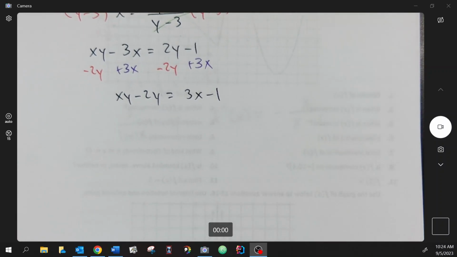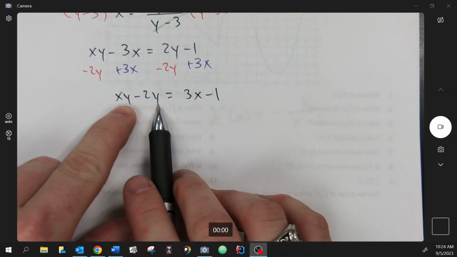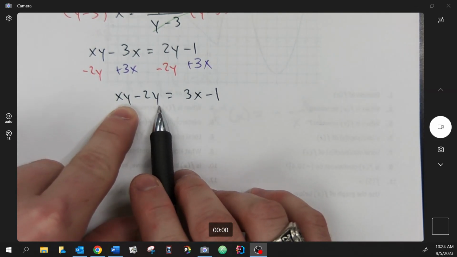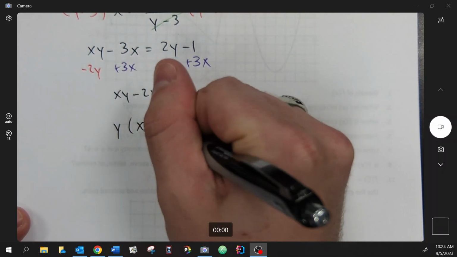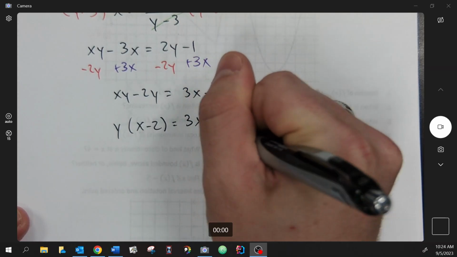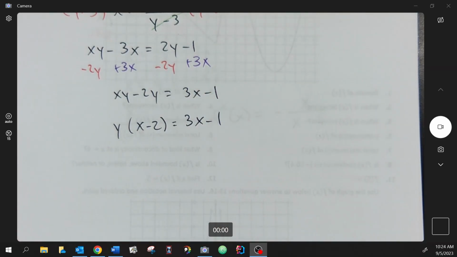Just like before, we're trying to isolate y. The only way to get the y alone is to undistribute it from here. Notice that it is a GCF and it can be factored out. And then lastly, cancel that multiplication with the division.